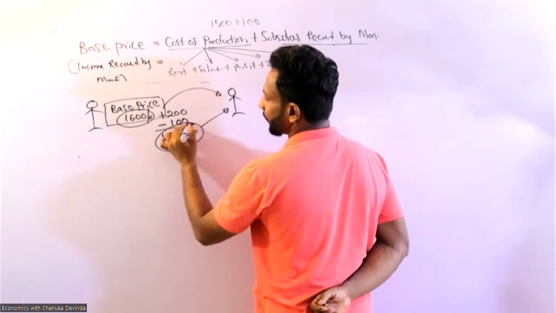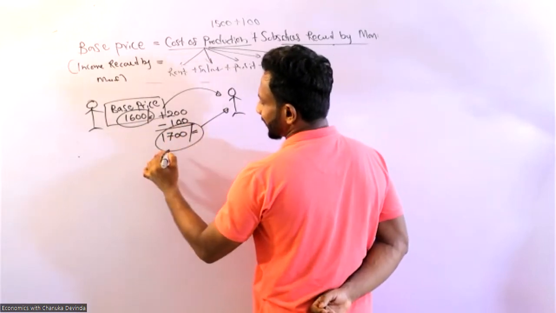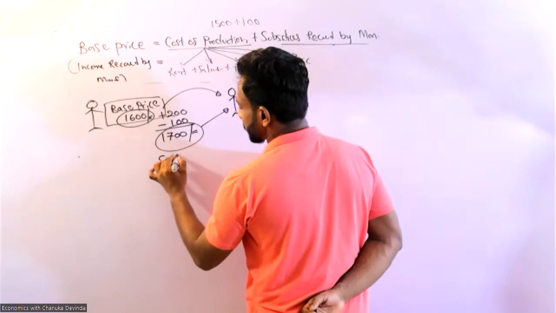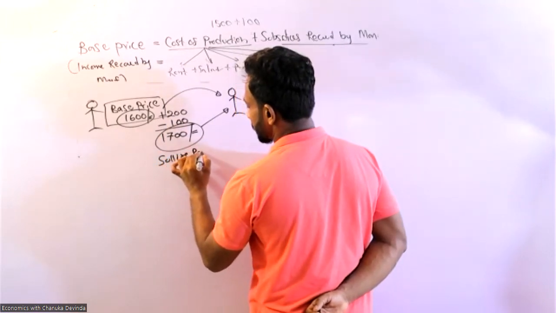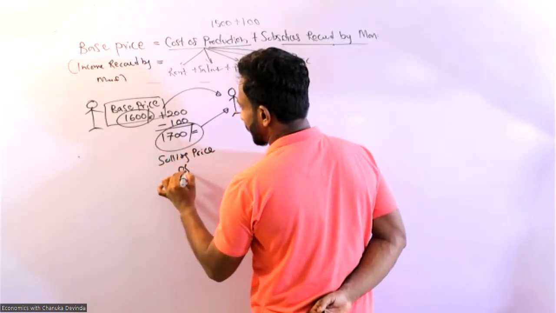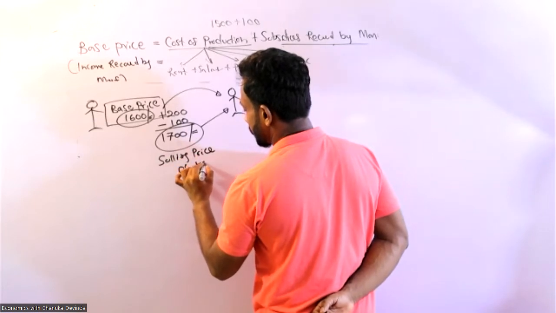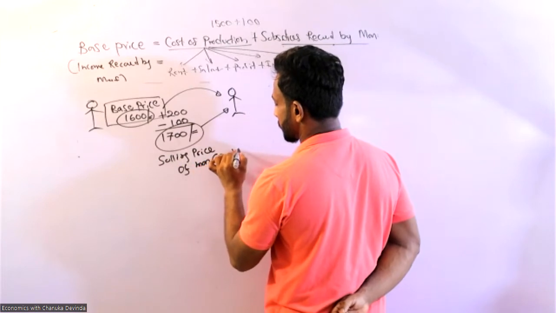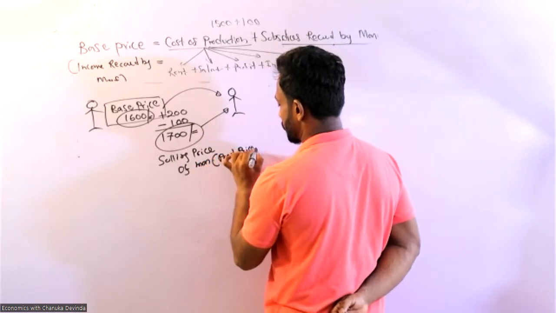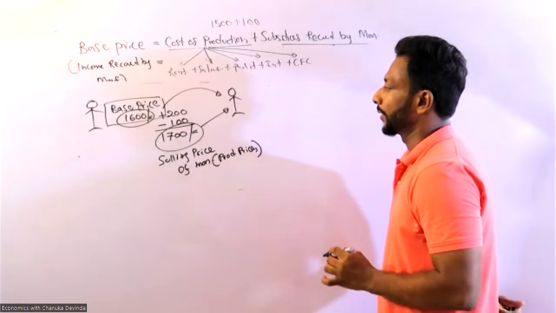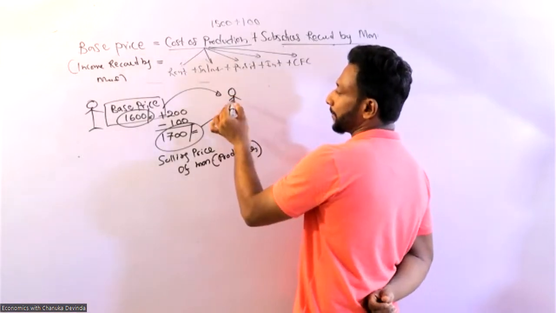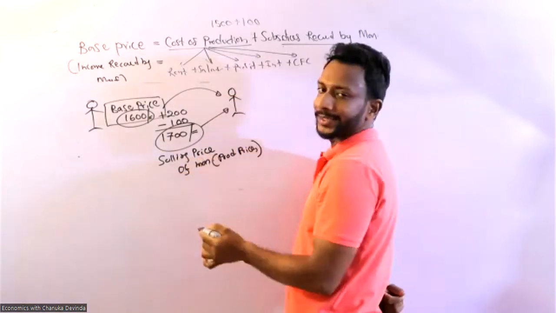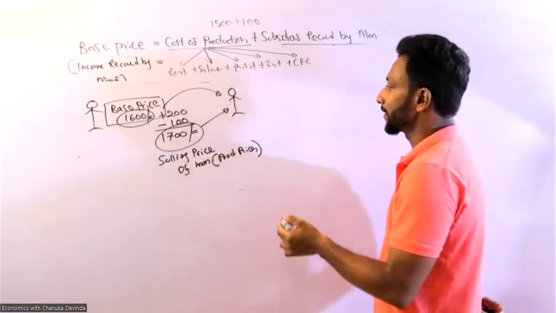So it is the selling price of the manufacturer, that is the producer's price. Right now, the wholesaler has purchased it at the selling price or producer's price.